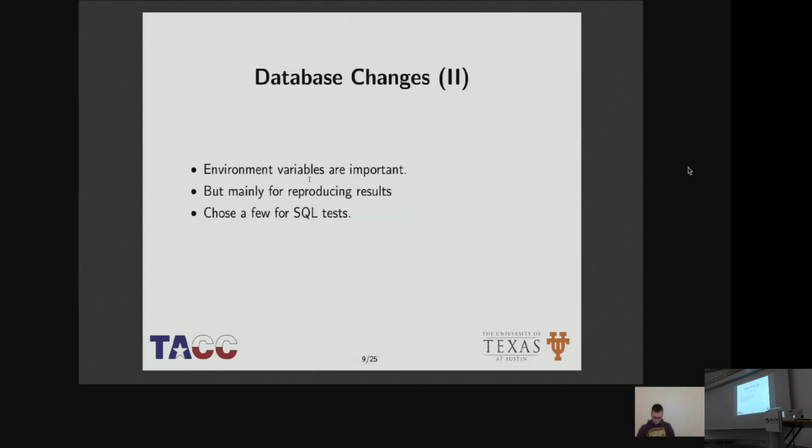Tracking environment variables is important, but I mainly want it so I can say, here's the environment you had when you ran this job. A group of environment variables gets tracked automatically and put in a special place: things like the number of threads, number of tasks, NUMA control, and other stuff like that.